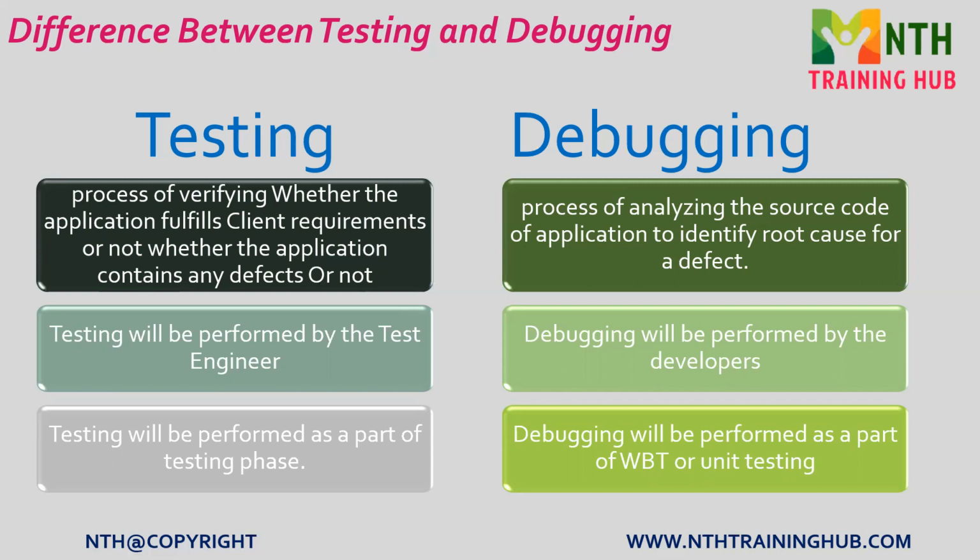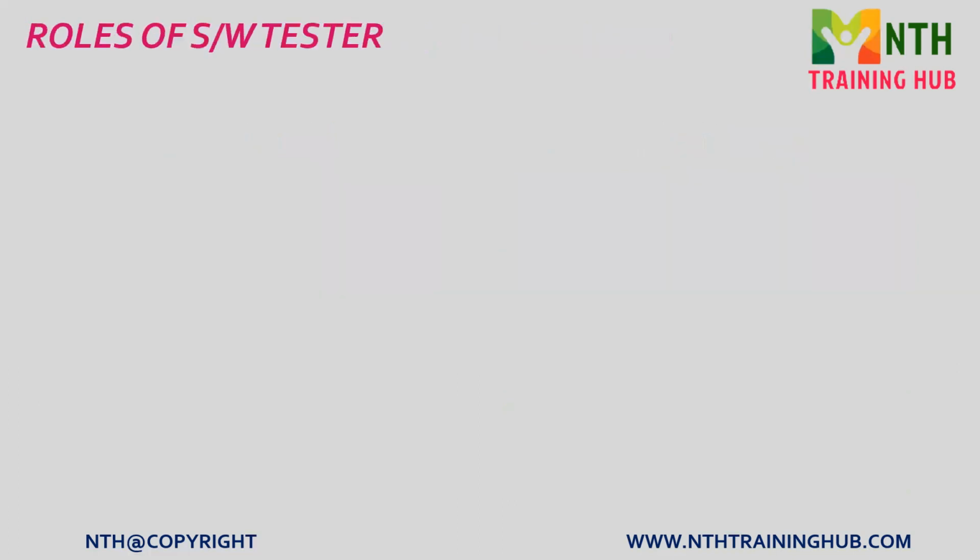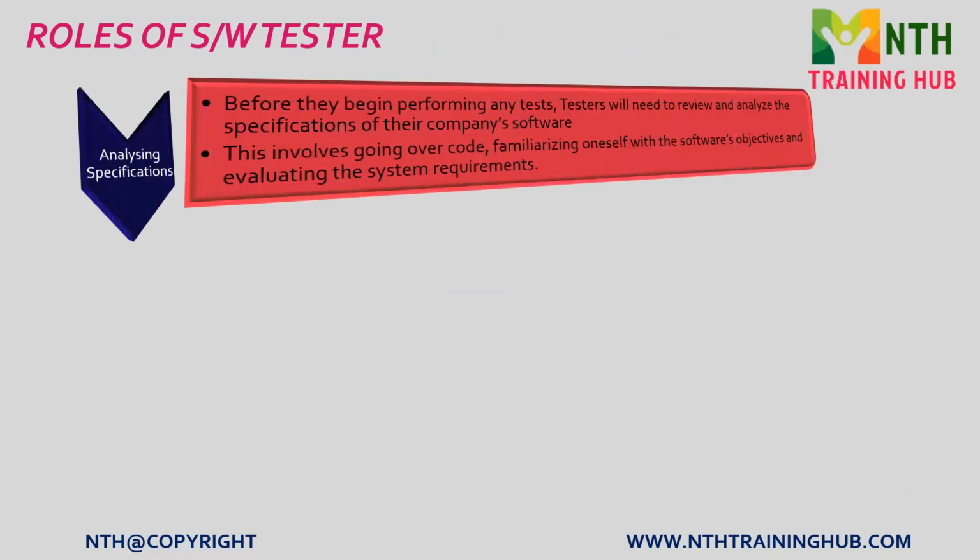So now, being a testing engineer, what roles are you going to play? Obviously, before the application is handed over by the designer and coder to the developer, before they begin performing any tests, testers will need to review and analyze the specifications of their company software.